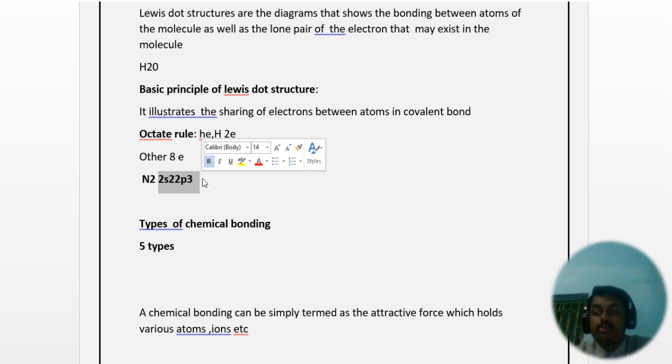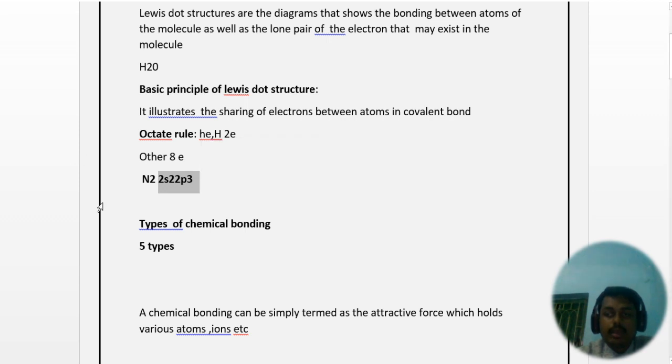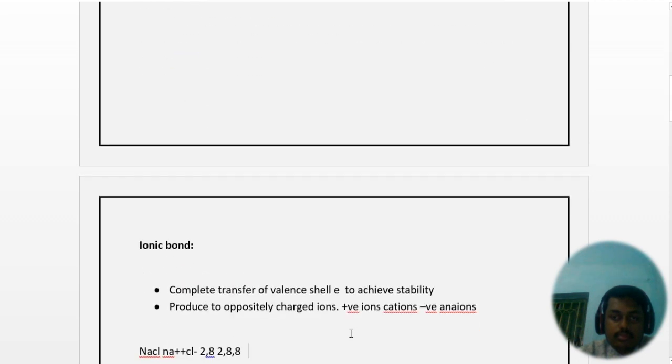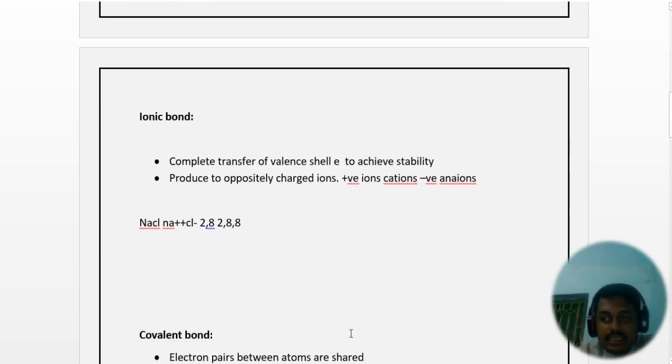So first of all, we will understand what is bonding. A chemical bond can simply be termed as an attractive force which holds various atoms, ions, etc. together.